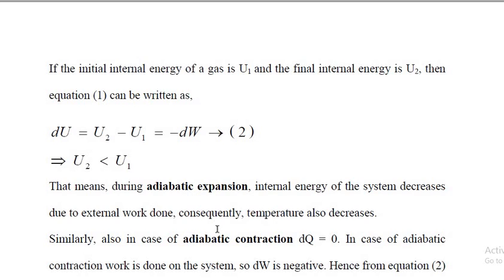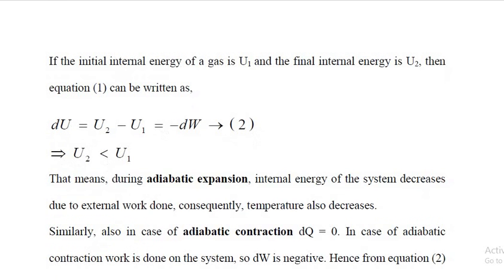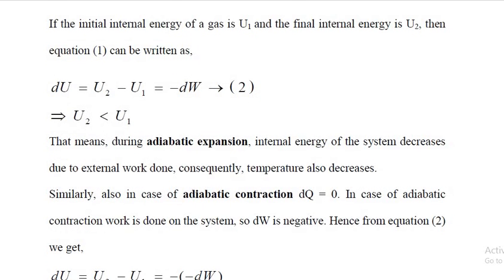The opposite happens in adiabatic contraction. Okay. So similarly, in the case of adiabatic contraction, dq is equal to 0. But in the case of adiabatic contraction, work is done on the system. Okay, work is done on the system, therefore dw is negative.